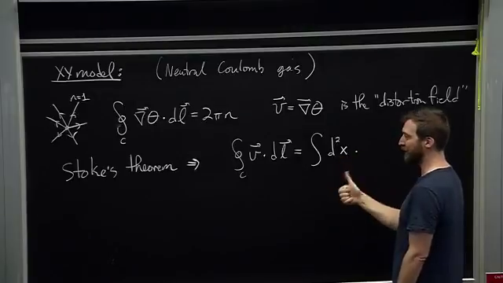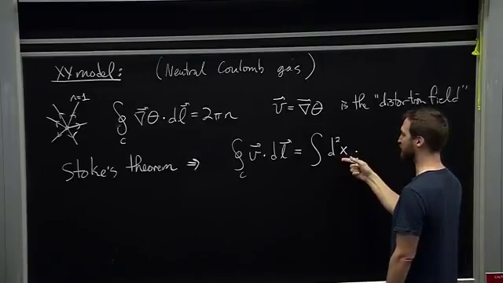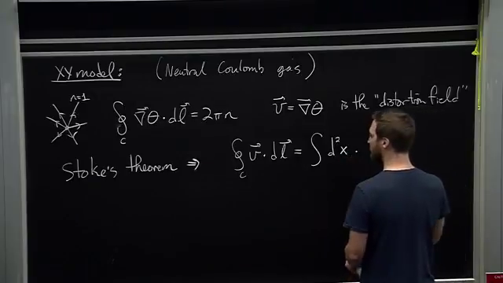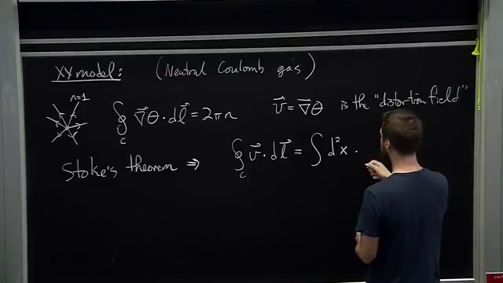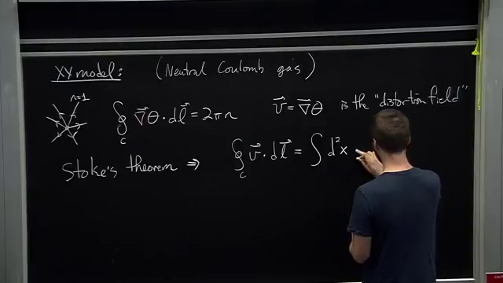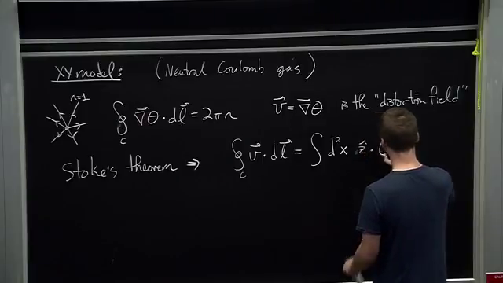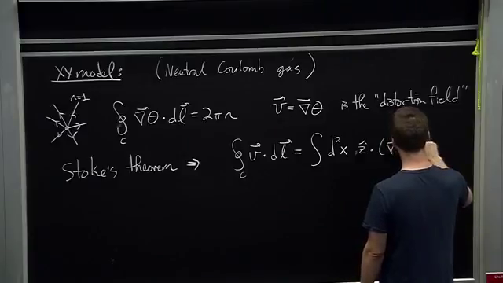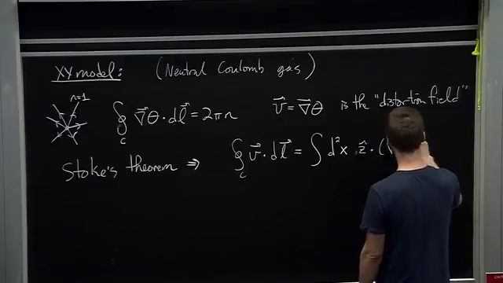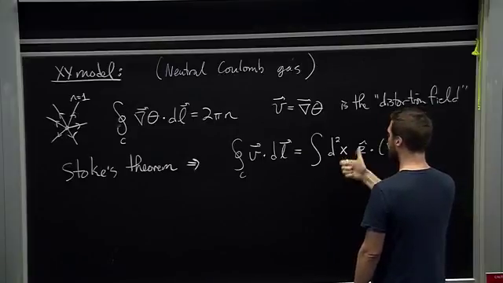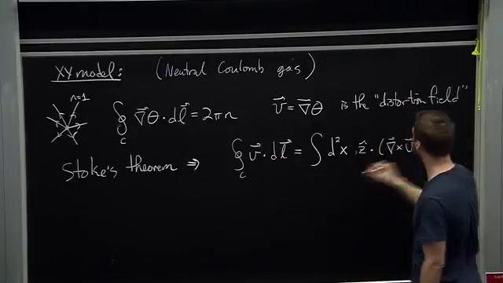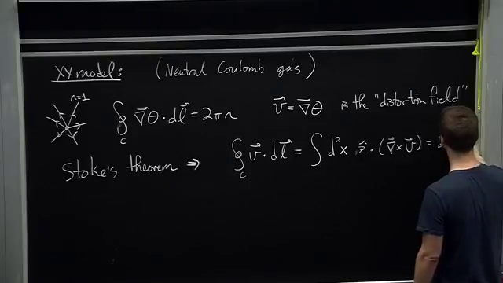So my area element, right, which is what this is, has an orientation. And so I'll call that direction z. And then I have to have a z component of the curl. Right, so that's it. And this thing is going to equal 2 pi n.